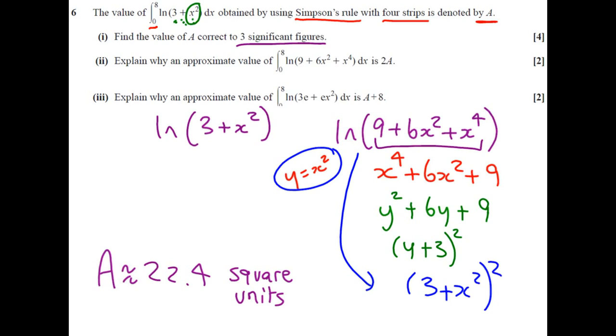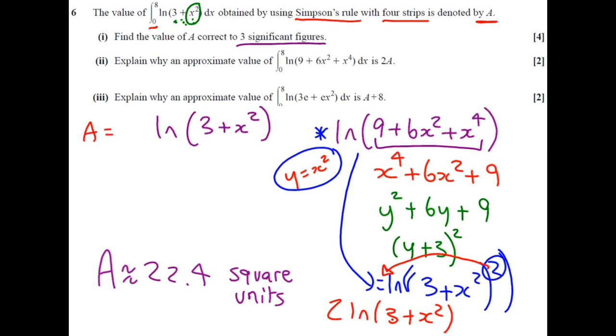So that means that this thing is equal to ln of all that. Using your laws of logs, you can bring this power to the front. So if we bring that power to the front, we're going to get 2 ln (3 plus x squared). So a equals the integral of this.